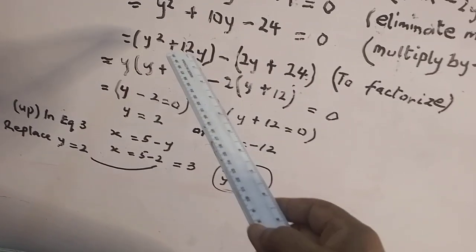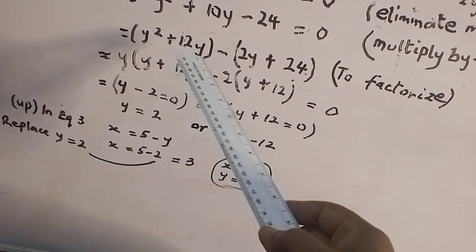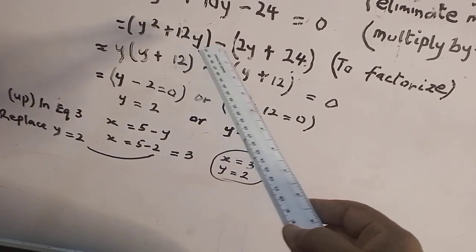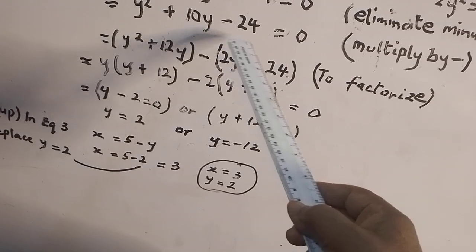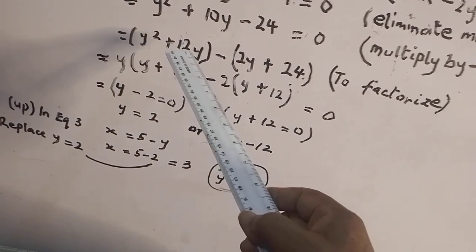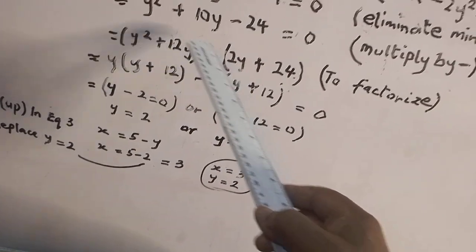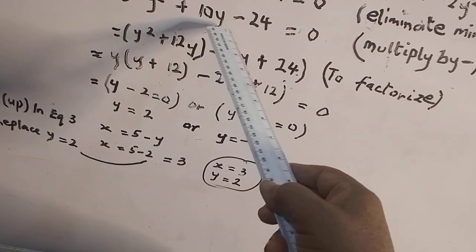So that value is plus 12 minus 2. 12 times minus 2 is minus 24. Then 12 minus 2 will give us plus 10y.